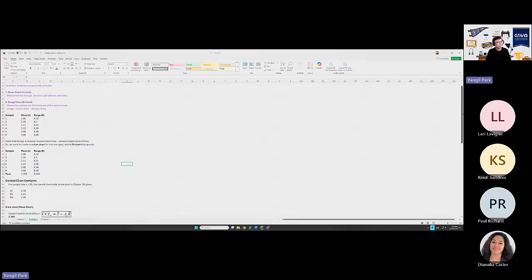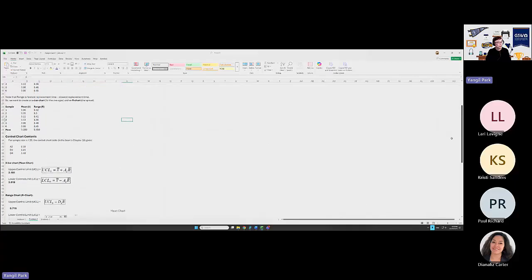The formula is given. And this time, this formula is a little different because we have A2, which is a constant, just like weights. So we have different weights for this equation.